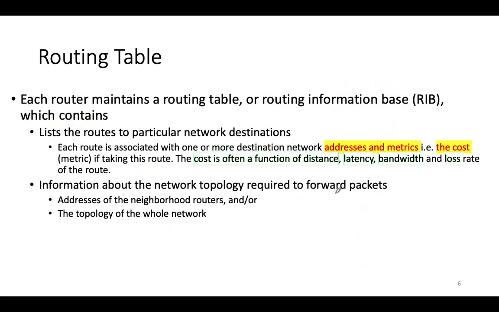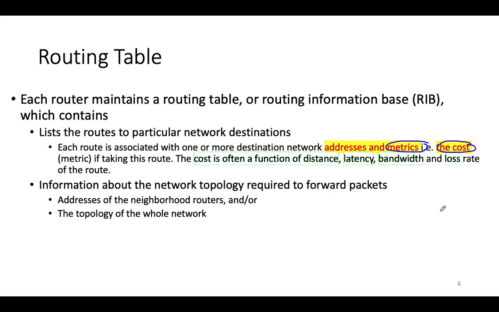How does that work? If you use dynamic routing, we use an algorithm, and that algorithm usually tries to calculate the best routing or the best path. How is that done? Through things called metrics and cost.